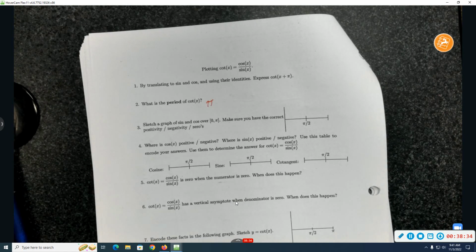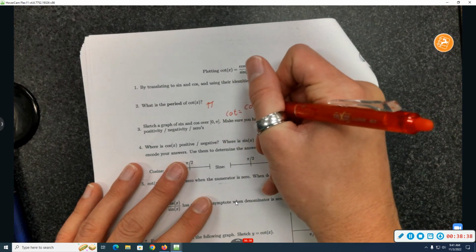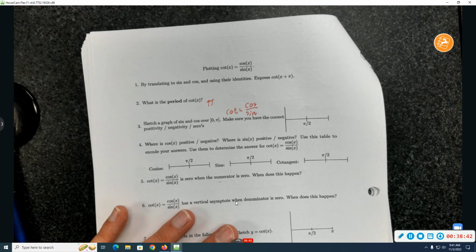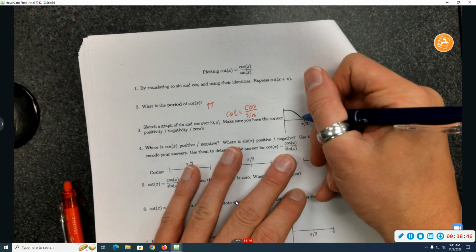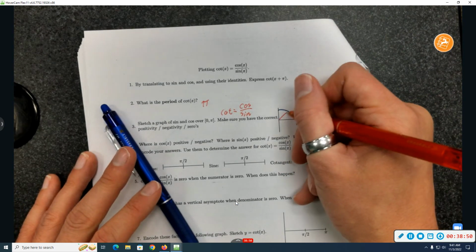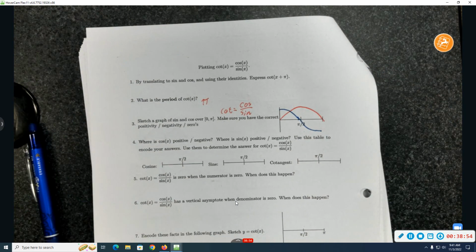So cotangent, let's see, that is cosine over sine. So let's use the exact same reasoning. Let's think about the graph of cosine and the graph of sine. So there's the graph of cosine. There's the graph of sine. Oh, neat.